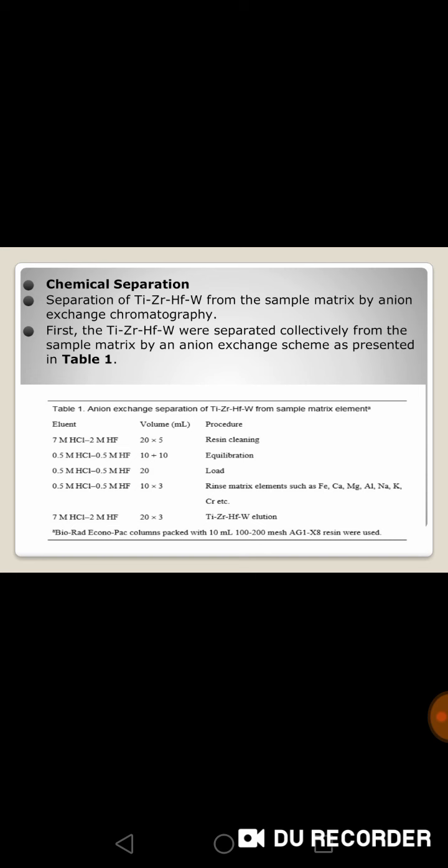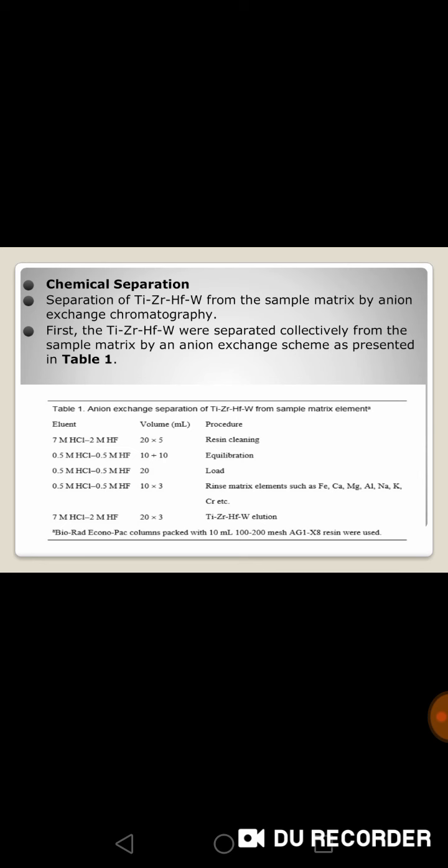So the next is the chemical separation, and in this we are going to discuss the separation of titanium, zirconium, hafnium, and tungsten from the sample matrix by anion exchange chromatography.